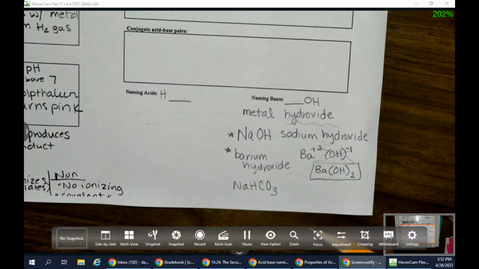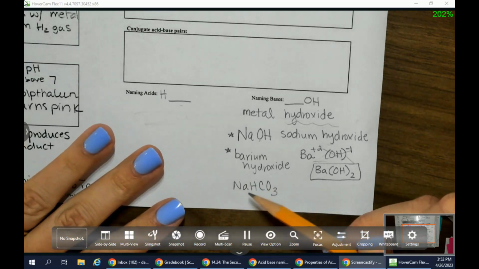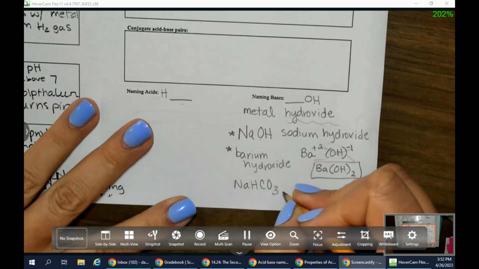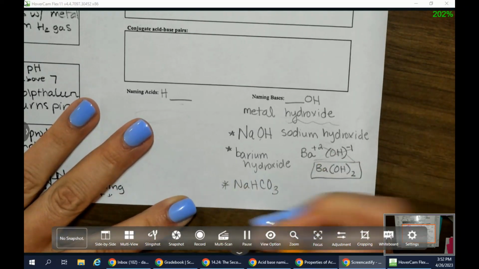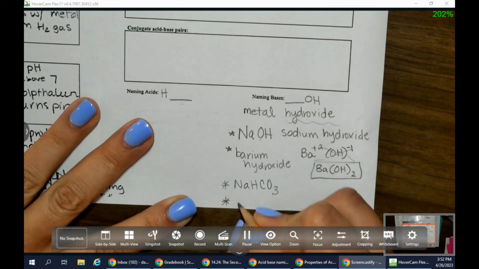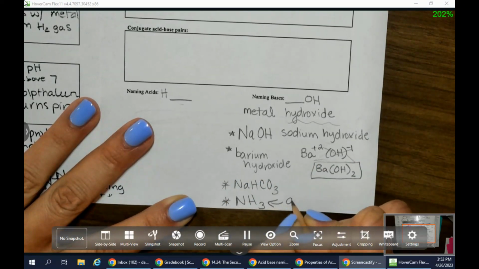It's safety. That little white powder at all of the lab stations, if you spill an acid, you got to use that first. So sodium hydrogen carbonate, that's baking soda. That is a base. The other one that you have to get familiar with is NH3, and that is ammonia.